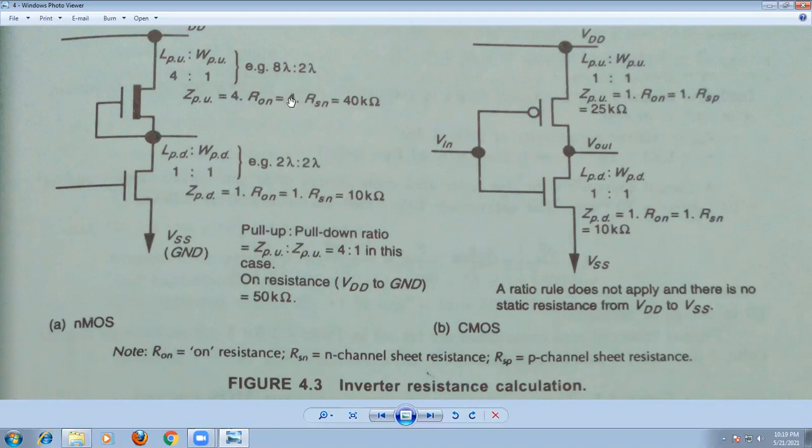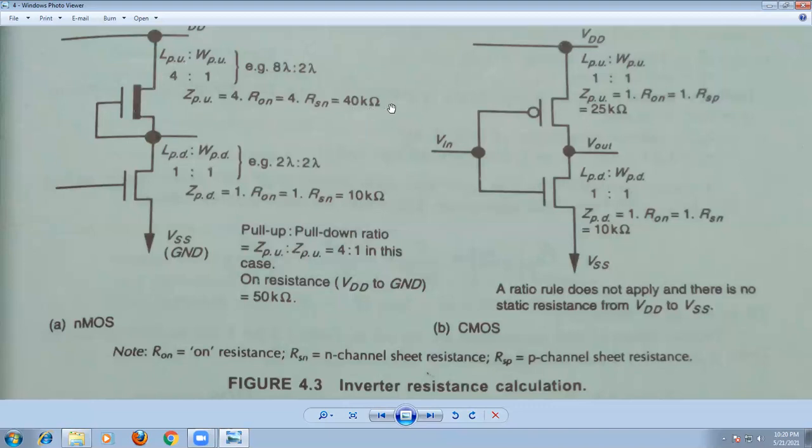Remember it is 4 times the feature size transistor. So it is 4 into 1 square into Rs. What is Rs? 10 to the power 4 ohm per square. The square cancels, so we have 4 into 10 to the power 4 ohms, that is 40 kilo ohm. Like this, we can calculate the on resistance of the pull-up transistor.